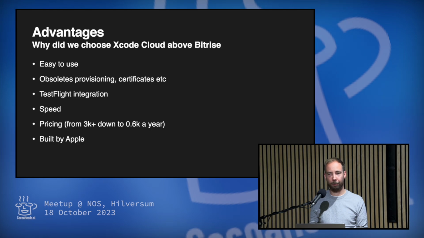We had a three-machine Bitrise setup, but we found that our builds were faster on Xcode Cloud. And the pricing was a big thing, because on Bitrise we paid like 3,000 euros a year, I mean, and we came back to 600 euros on Xcode Cloud. So that was also a big reason to move there. And of course, it's built by Apple.